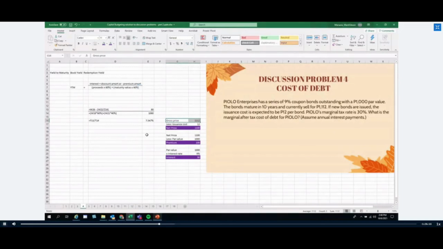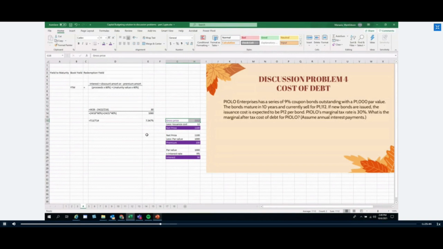So meron tayong tinatawag na premium. So imagine ganito. Ang par value ng bond, 1,000 lang. When you sell it higher than the par value, meron ka ngayon tinatawag na premium. That premium, kung natatandaan niyo sa financial accounting and reporting niyo, will be amortized throughout the life of the bond. So in this case, 10 years.